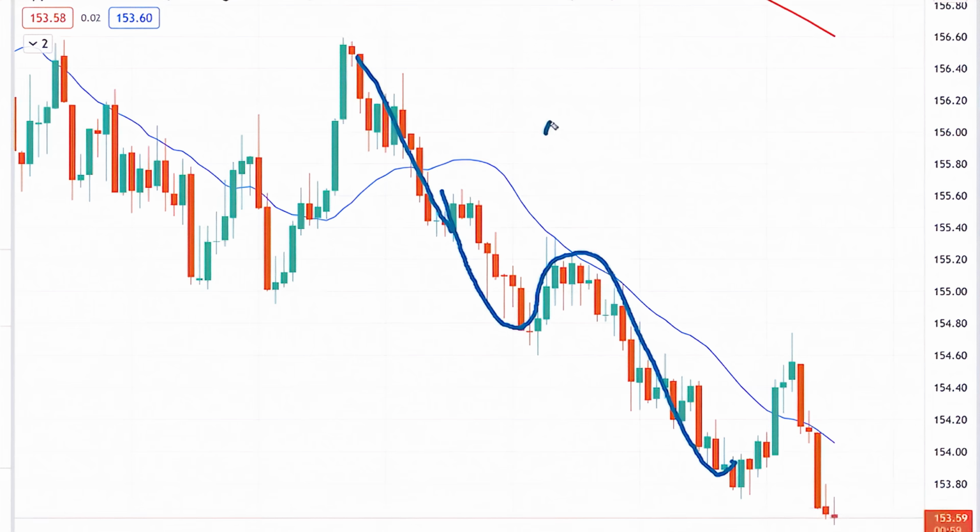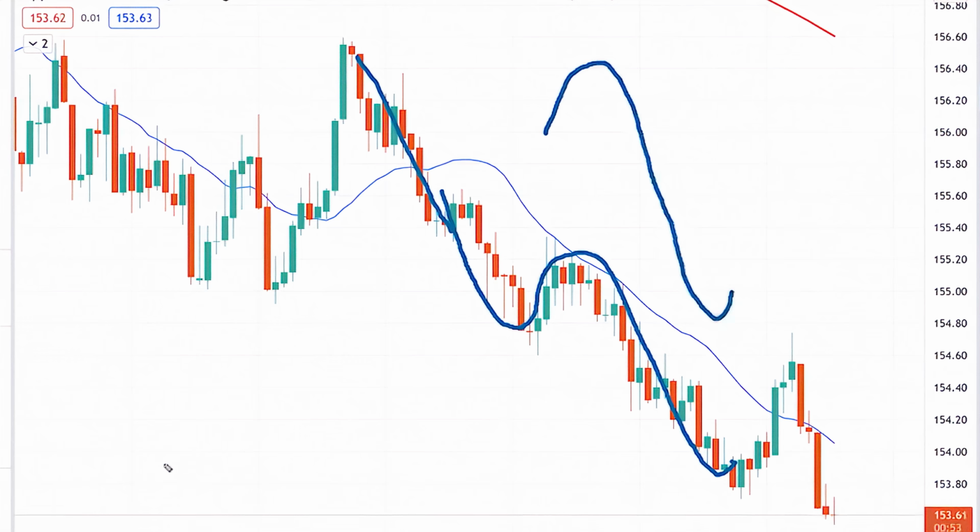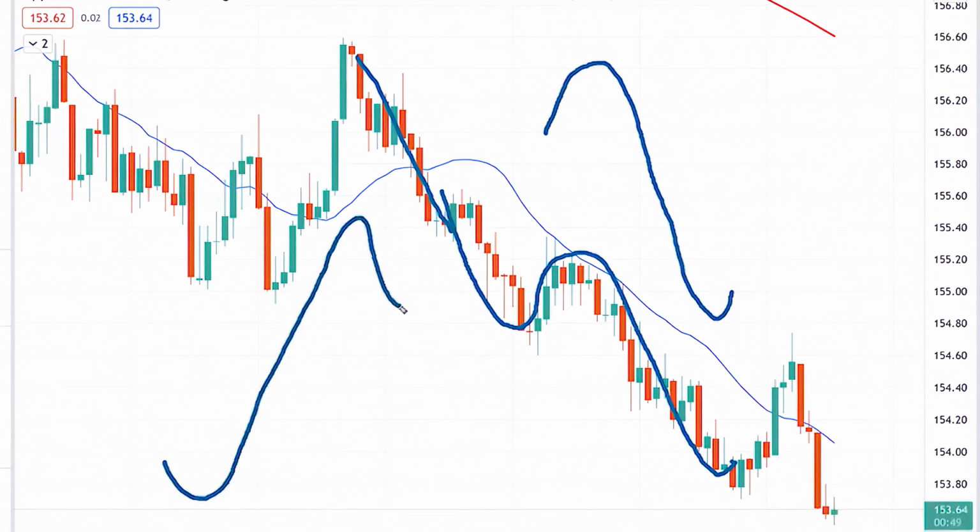So in a downward market, the up legs are small, the down legs are big. In a bull market, the down legs are small and the up legs are big. Up leg big, down leg small. In a downward market, up leg small, down leg big.